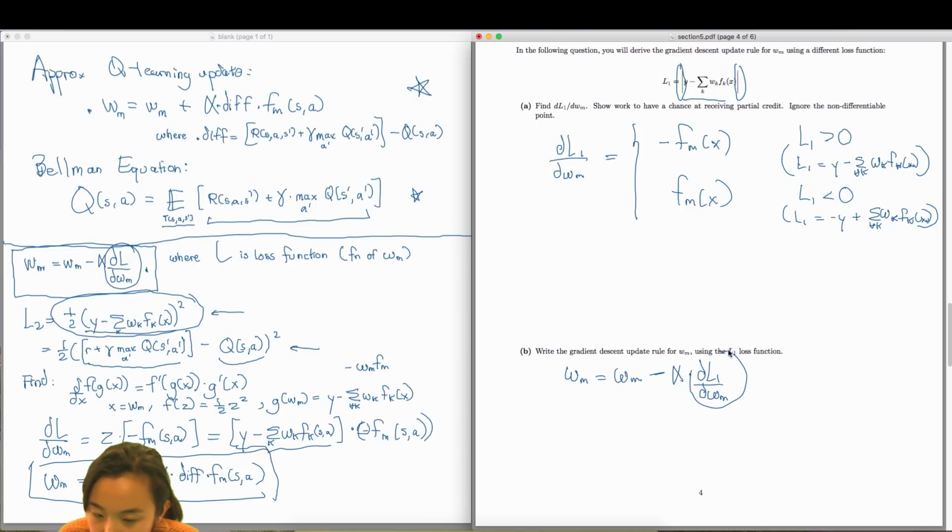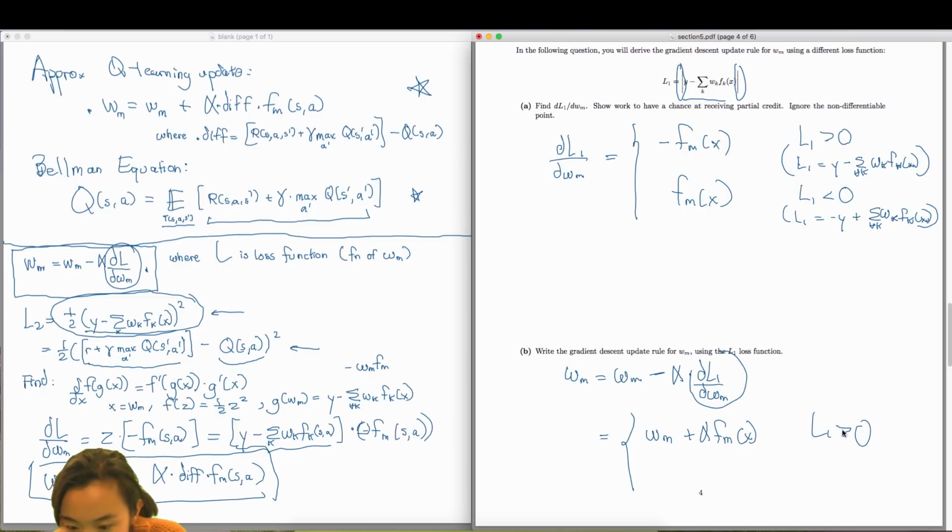And then we've already found this value in part A, so we just say that this is equal to Wm plus alpha Fm of x when L1 is greater than 0, and then Wm minus alpha Fm x when L1 is less than 0.